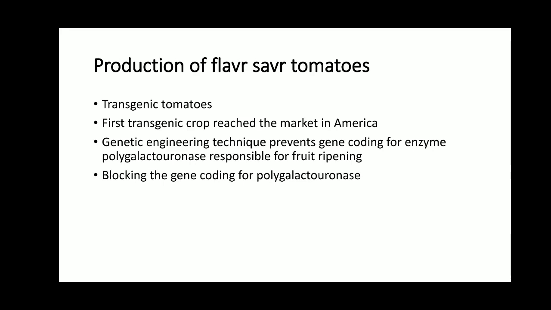In normal tomatoes, after harvesting, they are transported to the market, where the end user, the customer, buys the tomatoes, right? These tomatoes get ripened soon. So what is the reason behind the ripening of tomatoes?